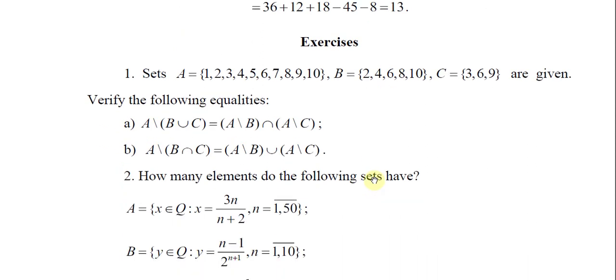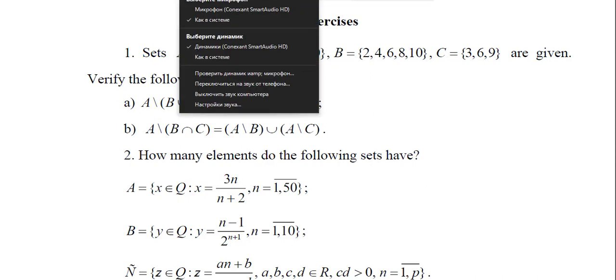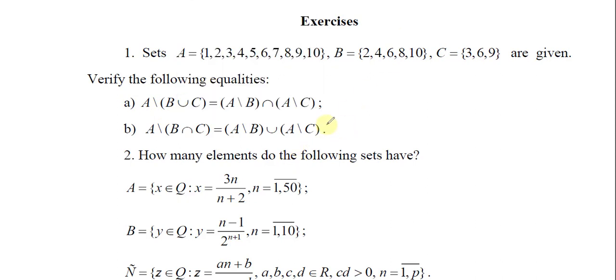Okay, now we have sets A, B, and C. Verify the following equalities. Let's consider the first one. A minus (B union C).